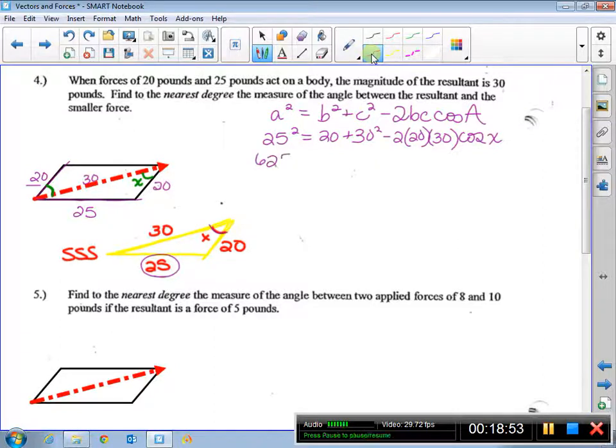25 squared. Go ahead and start doing your work. Remember, don't touch this term until the end. 20 squared is 400. 30 squared is 900. I can do the coefficient, 2 times 20 times 30.